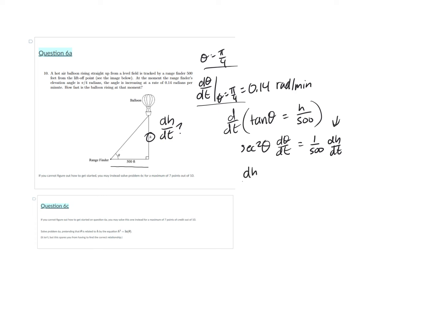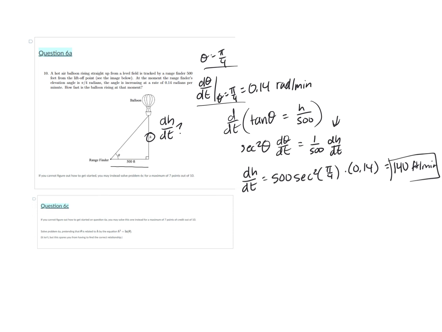So dh dt is going to be equal to 500 secant squared of pi over 4 times our d theta dt, which is 0.14. And plugging that into your calculator, we should get 140. So it's going to be 140, and then I believe this is in feet, so feet per minute.